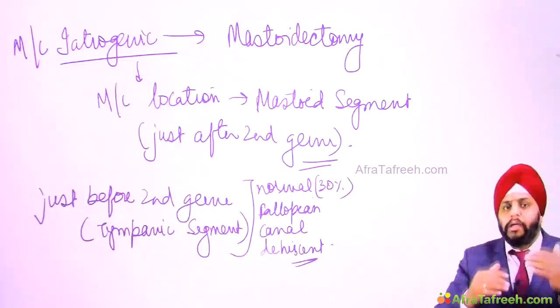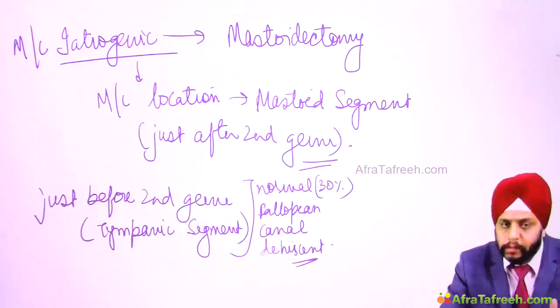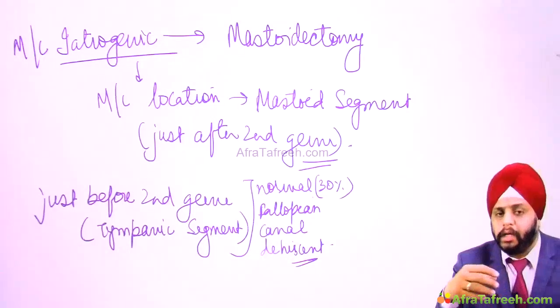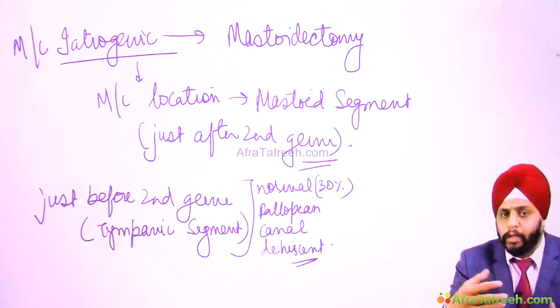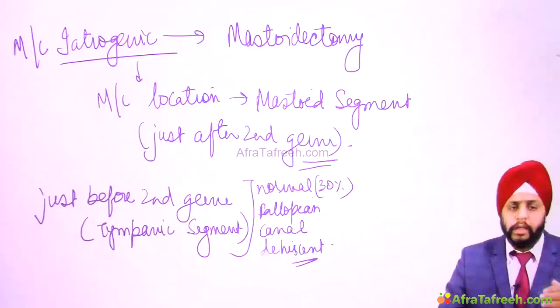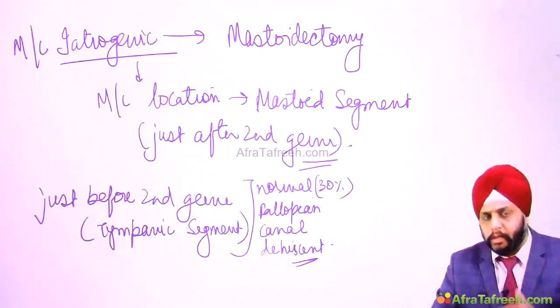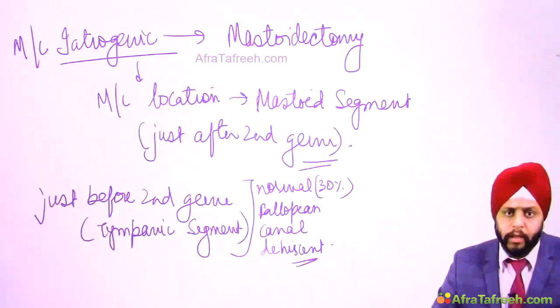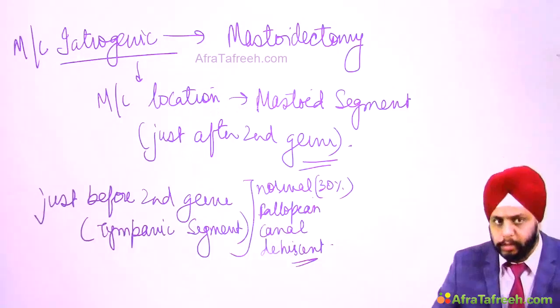In which part? In the tympanic part, just before the second genu. So that is a part where many a times the facial nerve is lying naked, bare, without the fallopian canal. Okay, so that is in the tympanic segment just before the second genu, and just after the second genu is the most commonly injured part during mastoidectomy.